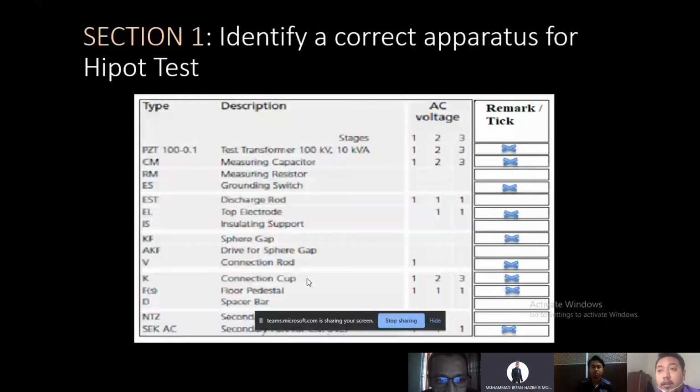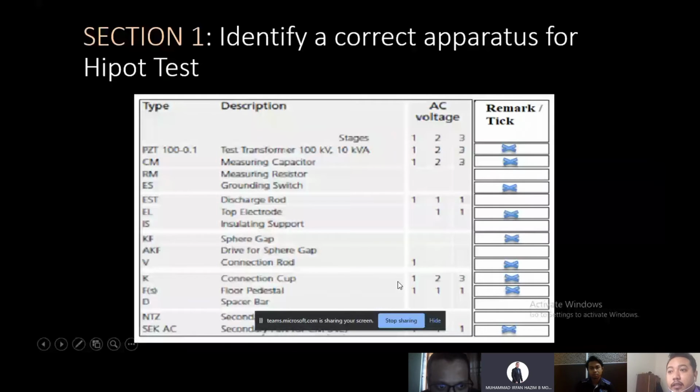So for Section 1, identify the correct apparatus for the HIPOT test. You can see on the table what we have ticked: we need the measuring capacitor, the test transformer, the grounding switch, top electrode, sphere gap, connection cup, floor pedestal, spacer bar, and the secondary capacitor at the last one.